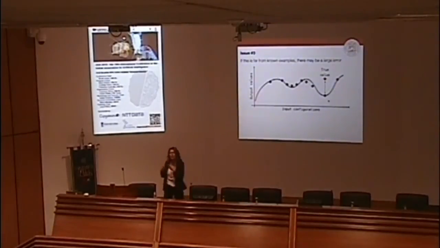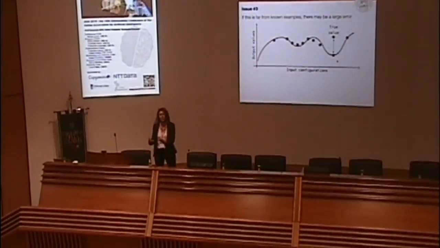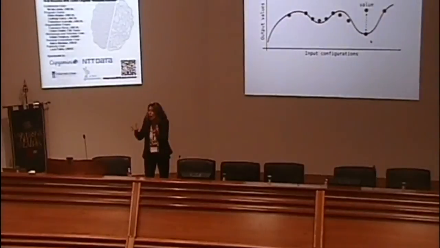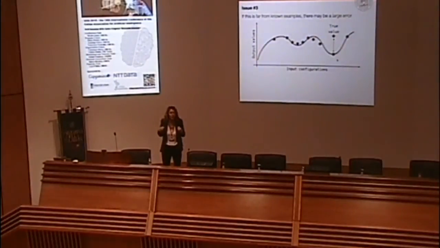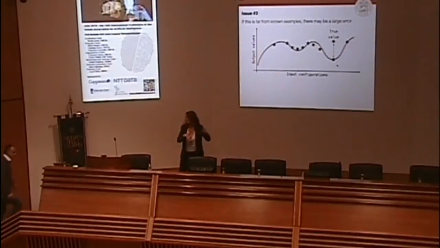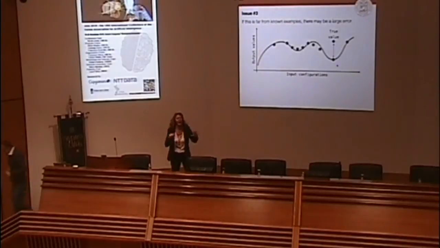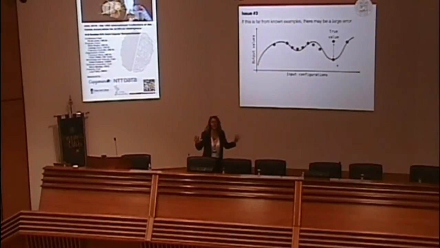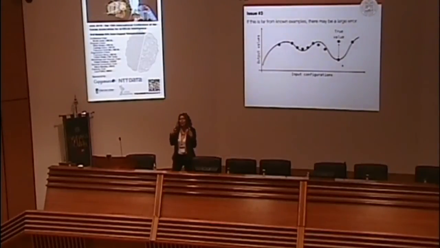We want to concentrate on those parts of the search space that are optimal for our objective function. So we have to be accurate there and not everywhere in our sample space. So our model, to be effective, should be accurate where the optimization goes.